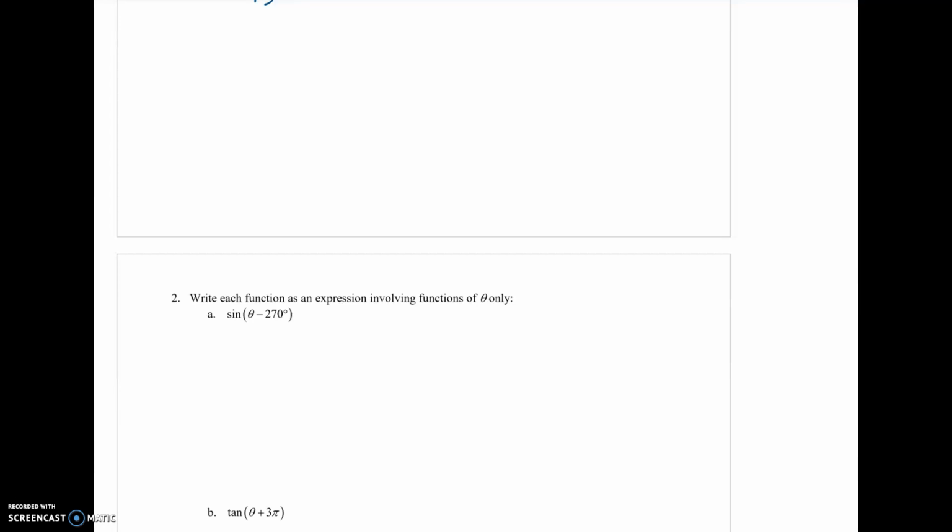Well, if you're looking at the definition of sin(A - B), A minus B being equal to theta minus 270 degrees, you end up to have, let me use my blue marker, sine of the angle theta multiplied by the cosine of 270, minus cosine of the angle theta times sine of 270 degrees.